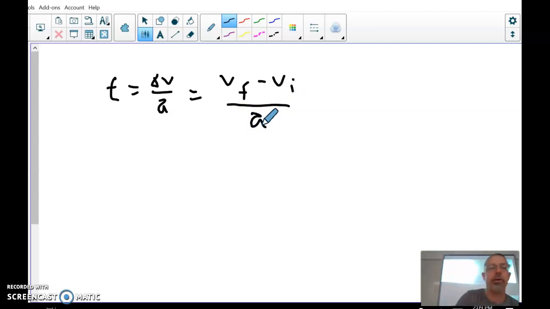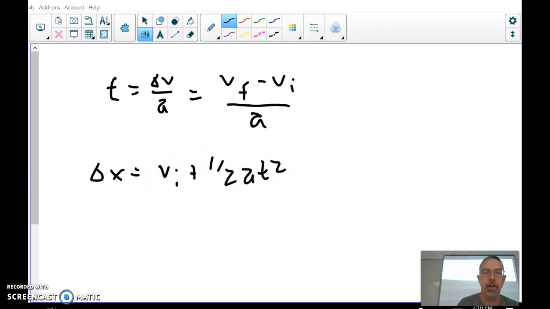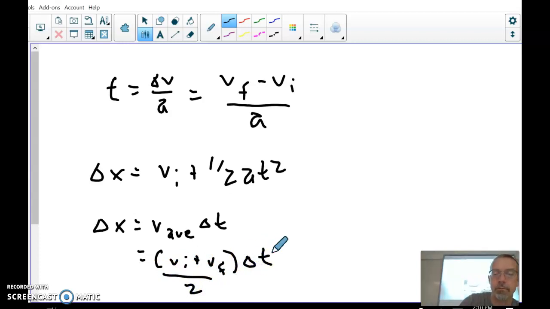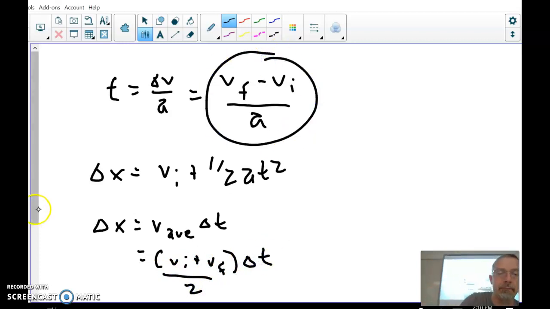Now, we said earlier that delta X equals VI plus 1/2 AT squared. But we also said that my delta X equals V average delta T, or VI plus VF divided by 2 times delta T. But we just set up here that delta T could be that.